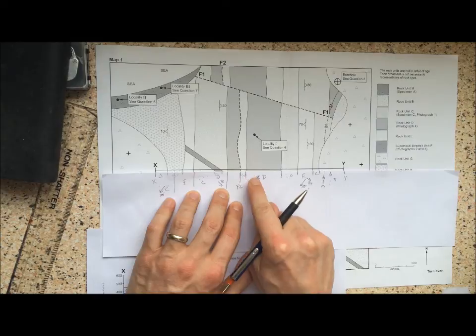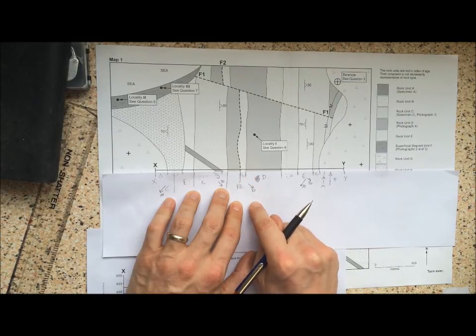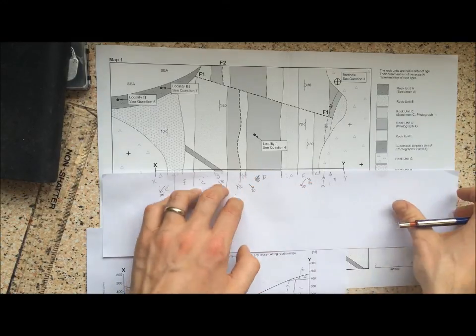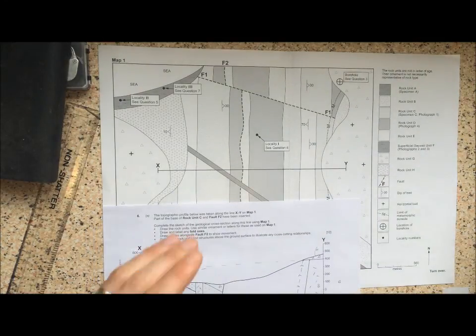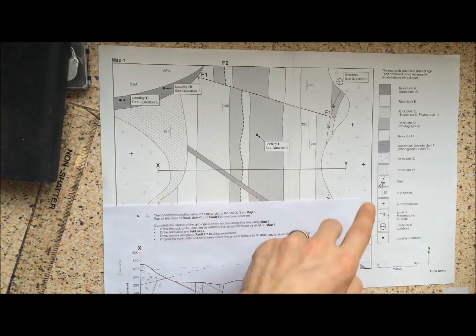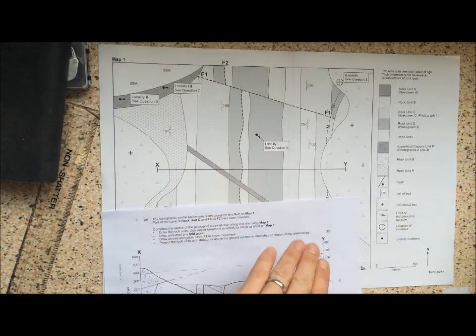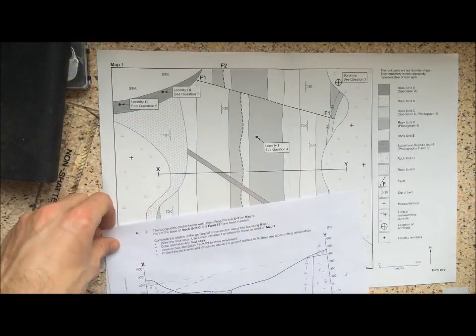So we've suggested that we've got 30 degrees here and we've got 70 there. So just a check of being happy with the folding. So we've got a synform coming first and then an antiform afterwards.